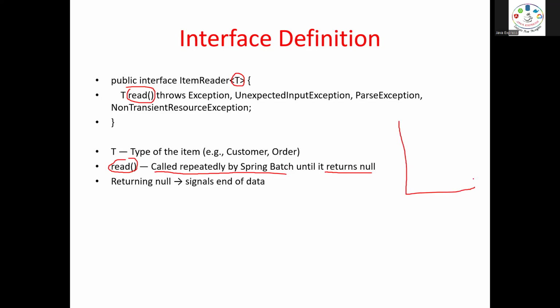That means if the CSV file has 100 records, this read method will be executed 100 times, and when you reach record 101, there is no information, so it will return null. That means the end of the file is completed, the end of the database table information is completed. It signals the end of the data.